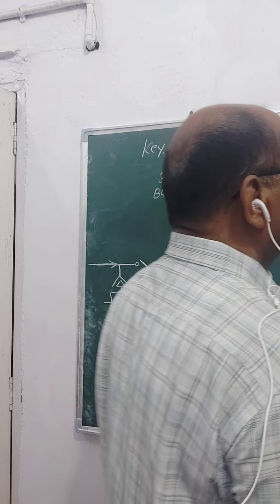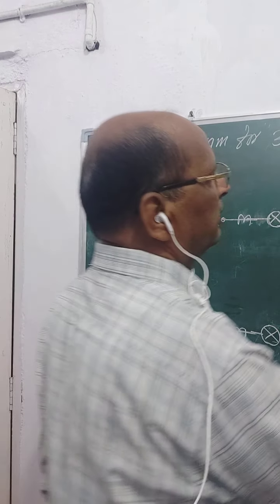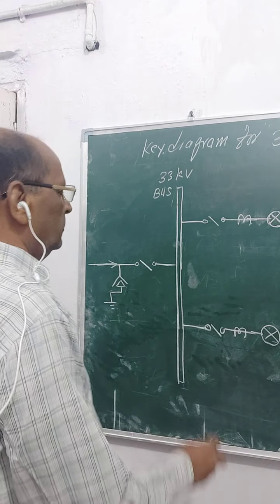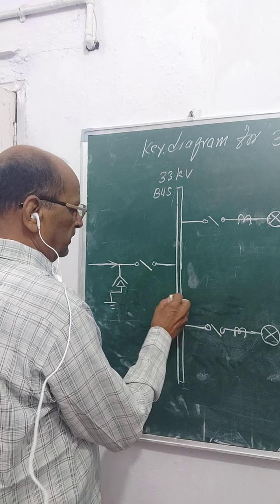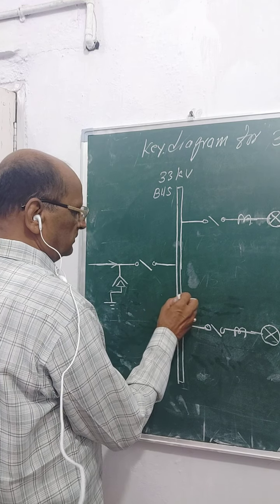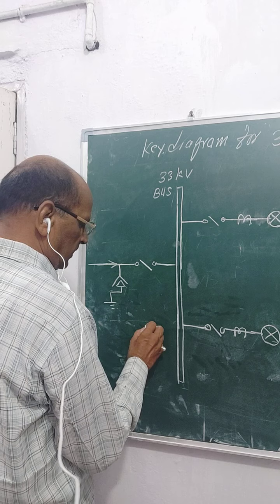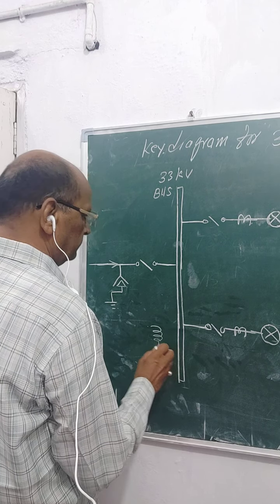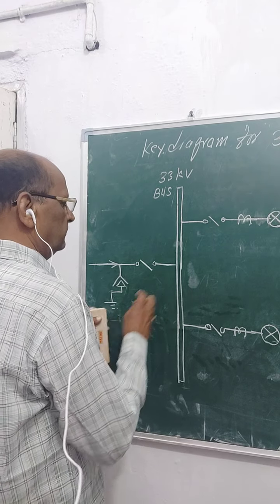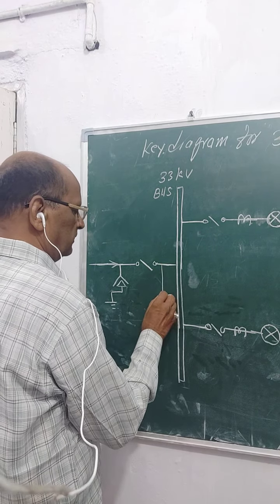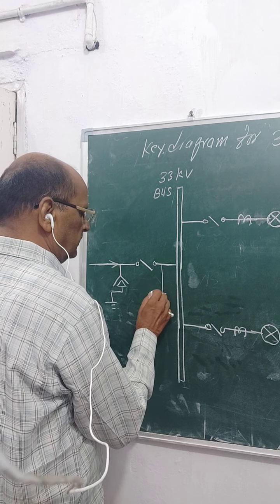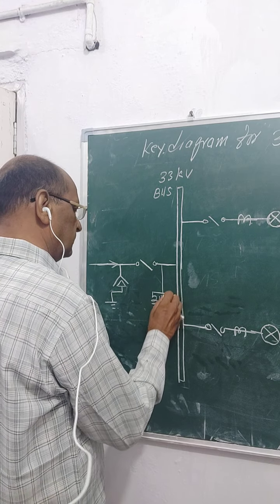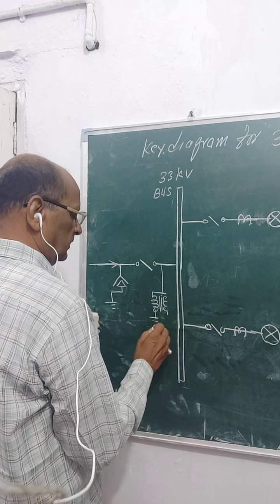This is diverted. 3 outgoing 11 kV feeders are going from this substation. Now for measurement of voltage at the incoming, we connect here on the bus bar a potential transformer. This is PT.